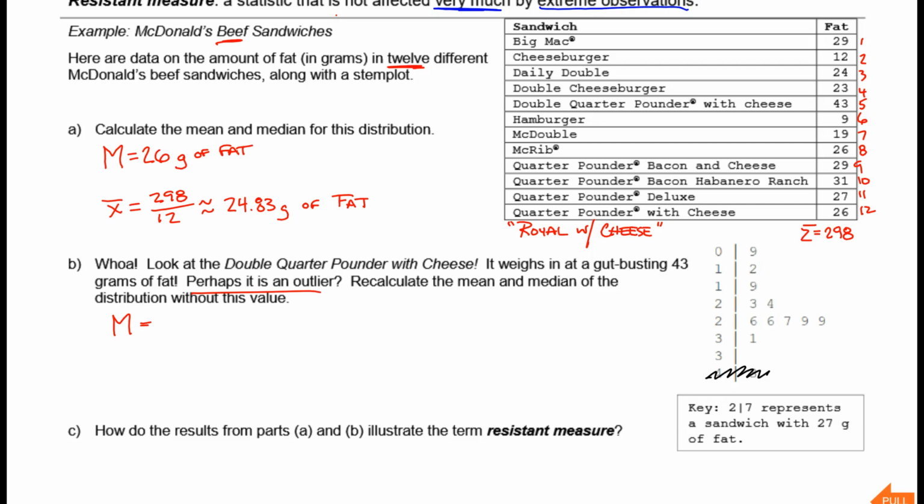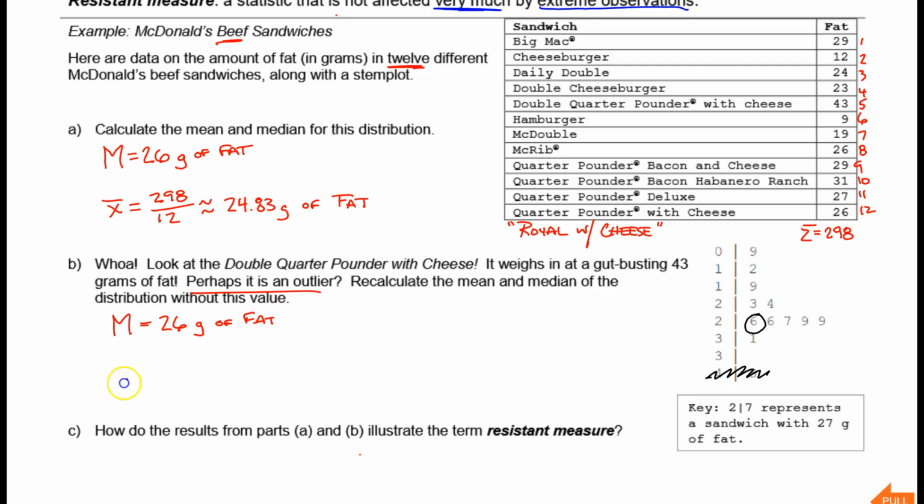There'd be 5 below, 5 above, plus the 6th one. So that's going to be 1, 2, 3, 4, 5. That's going to be this value right here. So the median without the 43 is 26 grams of fat. Interestingly enough, it did not change. The median before and after we remove that unusually large observation is the same.